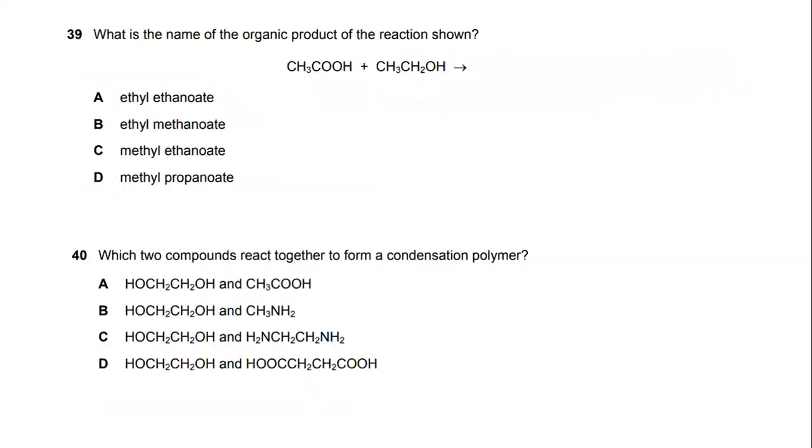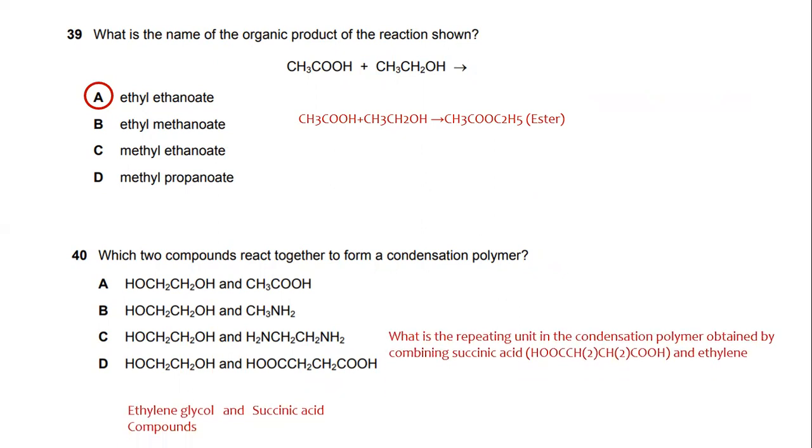What is the name of the organic product of the reaction shown? When these two organic compounds react together, they will produce an ester, and the ester is called ethyl ethanoate. And which two compounds react together to form a condensation polymer?